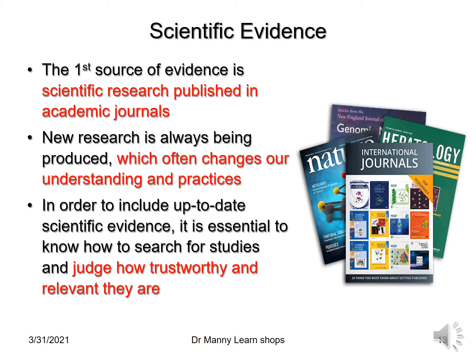Okay, the first source of evidence is scientific evidence. And this is typically scientific research published in academic journals. It's important to remember that new research is always being produced, and this often changes our comprehension and our practices. However, in order to include up-to-date scientific evidence, you've got to know how to search for it and judge whether it's trustworthy or relevant.